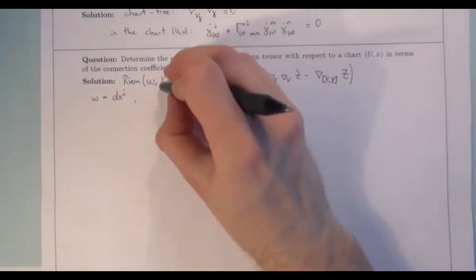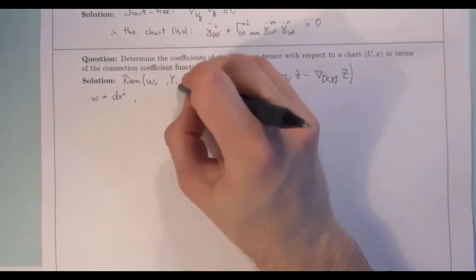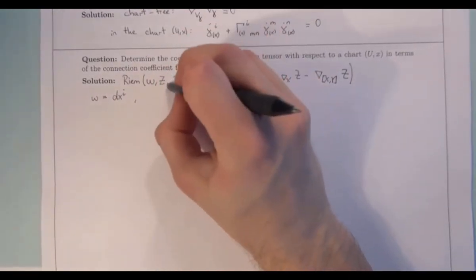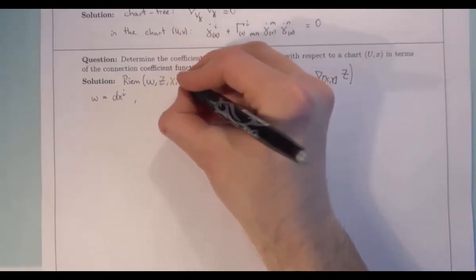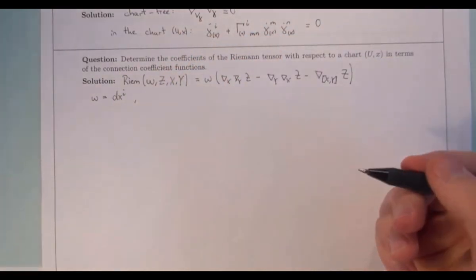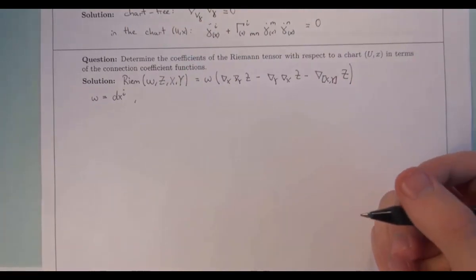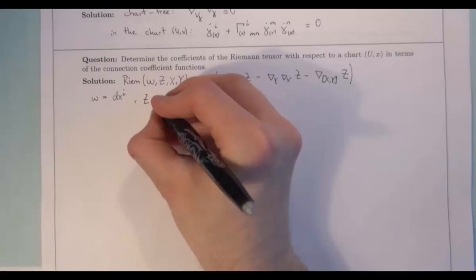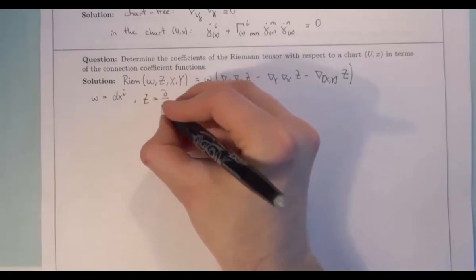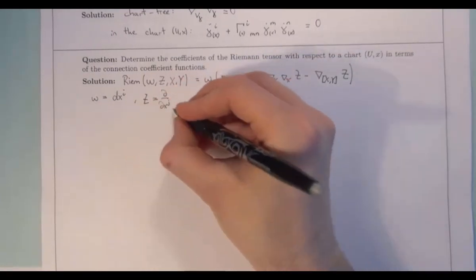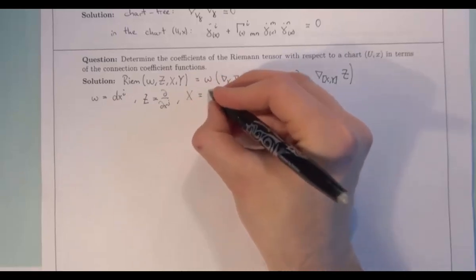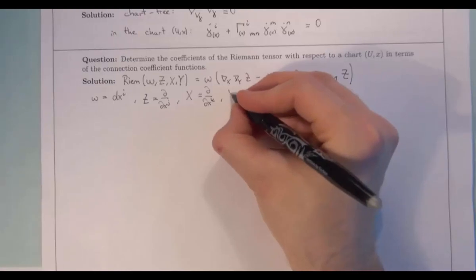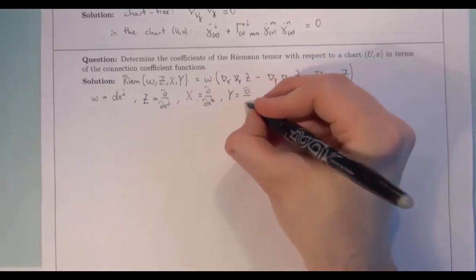Of course this entry z goes here, the entries x and y are here by convention, so that everything is correct. So we use that z is the vector field del xj, x is del xk, and y is del xm.